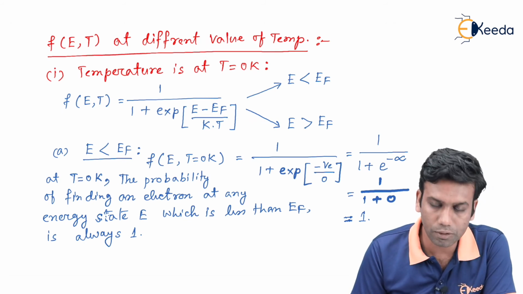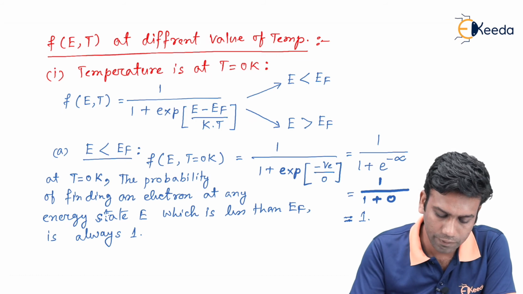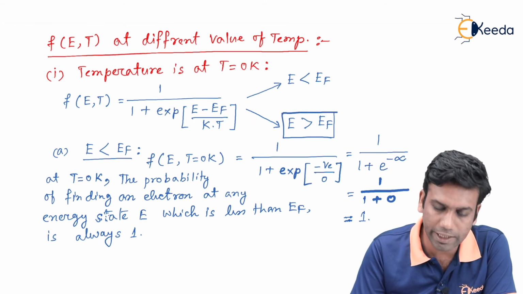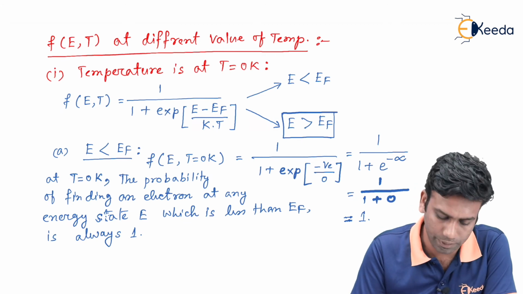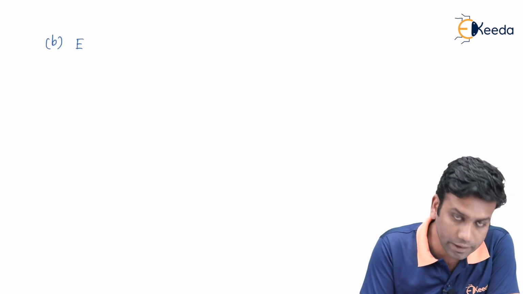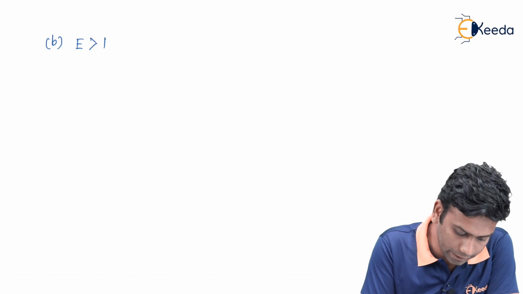Now let us look at the condition if the energy level is greater than the EF, then what will happen. So let us take the condition B, that energy level is greater than EF.